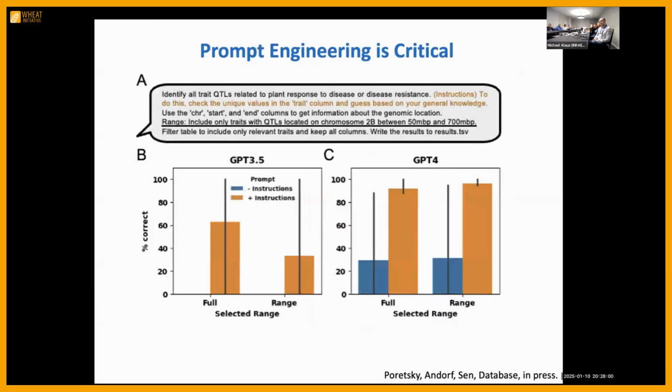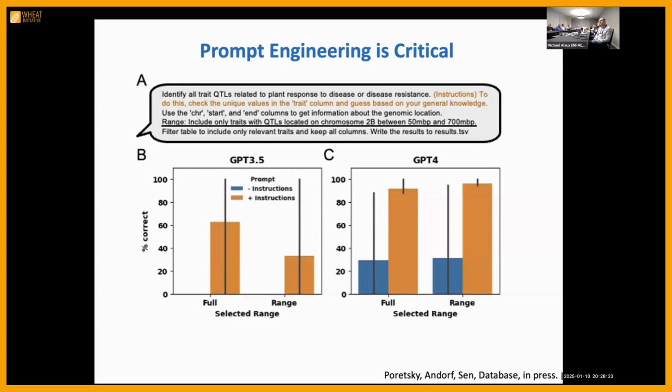So prompt engineering is critical. I tell people that when Google first came out, people were asking, how will I search this? There was a little learning curve. It is the same with prompt engineering when using the GPTs. You have to know how to ask the question.